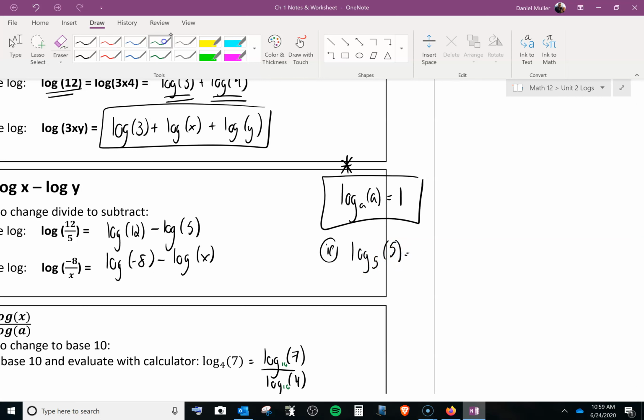And what this asks is 5 to the what gets me 5? Well, the only way to get the number that you started with is if it was a power of 1. So 5 to the 1. So the answer to this thing would be 1. So whenever you have log 5, 5, you end up getting 1. Whenever you have log 7, 7, 1. Log 100, 100, 1. That's why we say log a of a, it doesn't matter what the number is, you always get 1. So that's really important if you want to pause that to write that down.